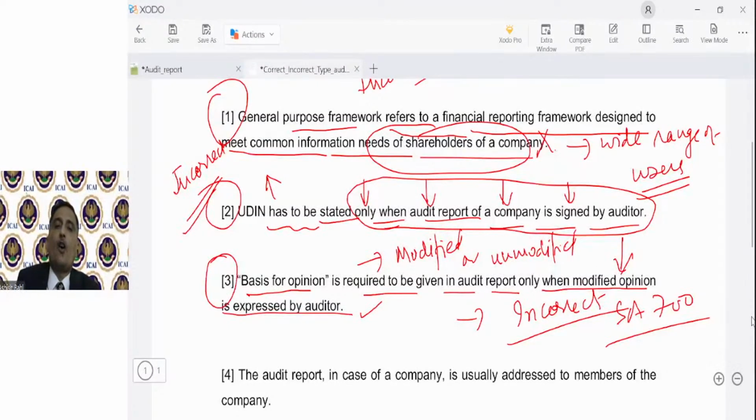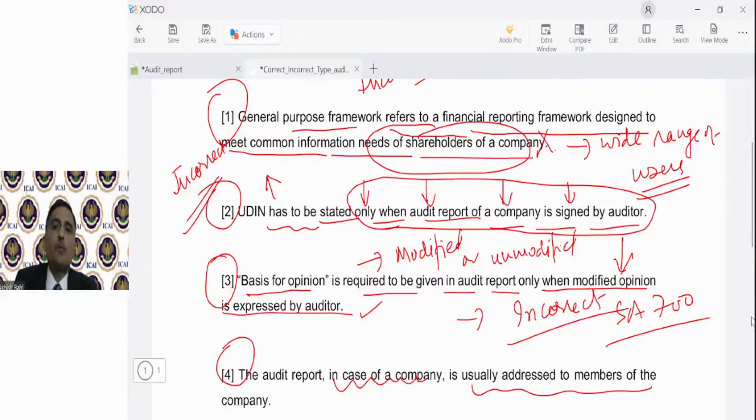Yes. The audit report in case of a company, now it is asking, is usually addressed to the members of the company, whether it is correct or not. The audit report in case of a company is normally addressed to the members of the company. Yes.